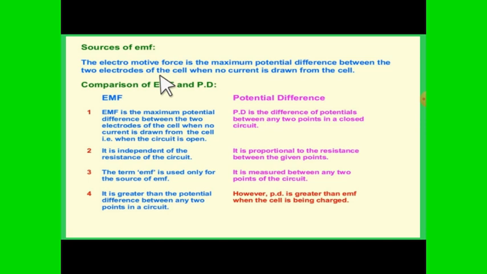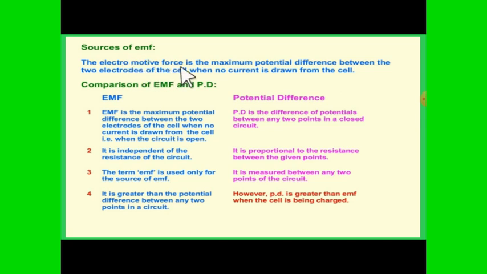So the maximum potential difference between those two points, or two electrodes of the cell, when no current is drawn from the cell, we call simply EMF.